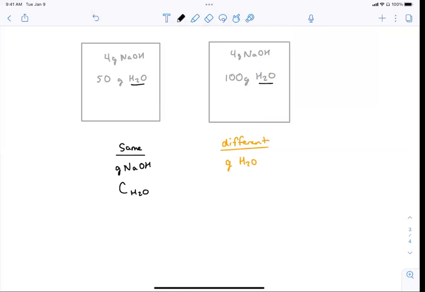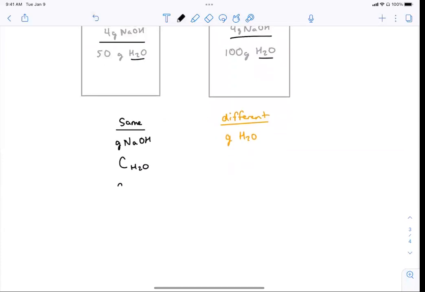What's heating the water? Well, the water is the surroundings, so the reaction's heating it. Is the amount of reactants we have different here? No. So both reactions should generate the same amount of energy because you have the same amount of NaOH.